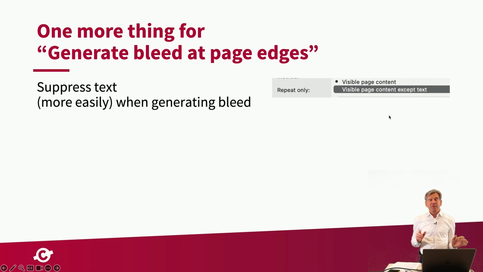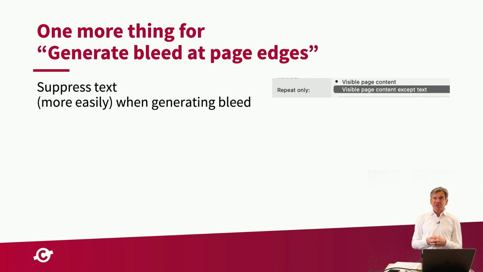Okay, and then there is another more tiny little thing, but still I think valuable. In repeat only, there is a filter with the title repeat only, and there is a new entry which is called visible page content except text. Visible page content was the default. If you don't use any of your own custom filters, it would use visible page content.